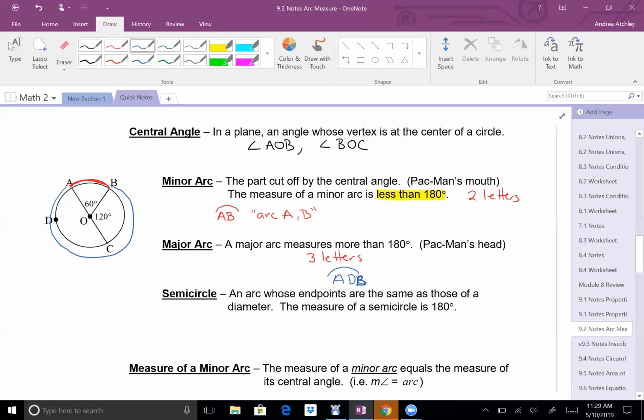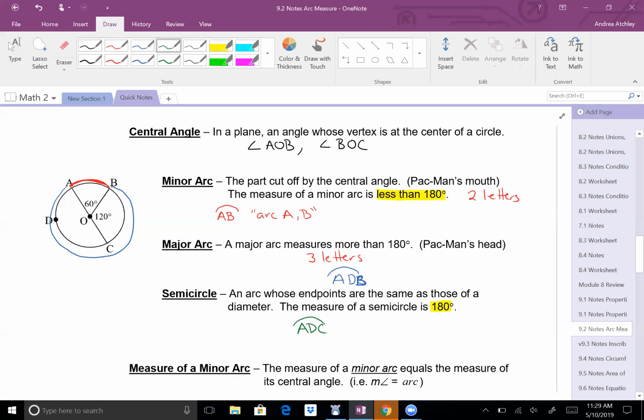A semicircle then is exactly 180 degrees. It's half a circle. Can anyone name a semicircle here? Okay, you wanted three letters. Arc ADC. Again, three letters to show which direction you're going. If I just said AC, I wouldn't know if it's this one or this one.